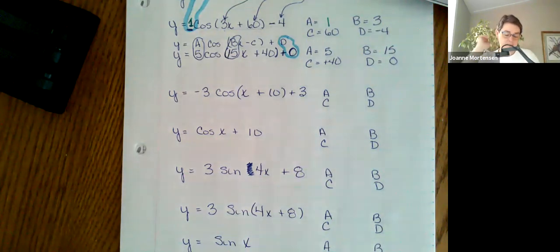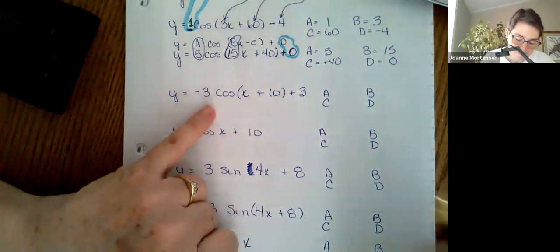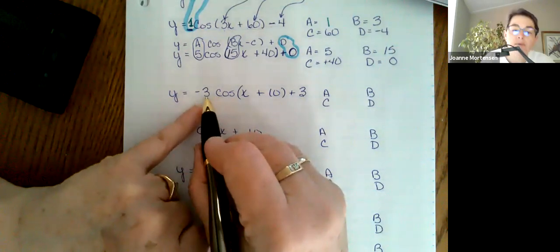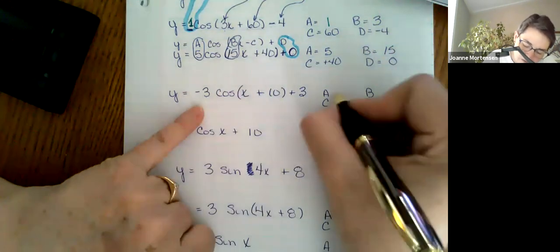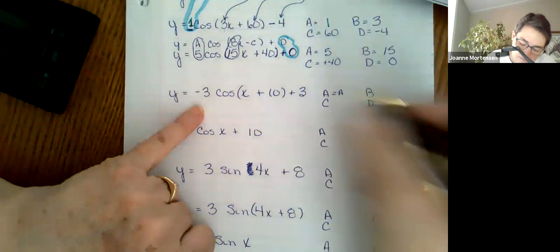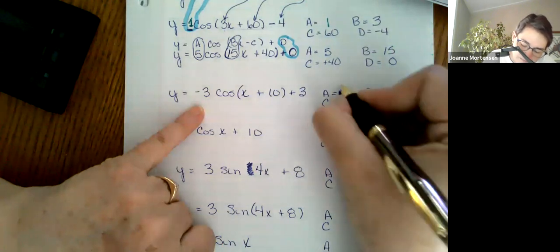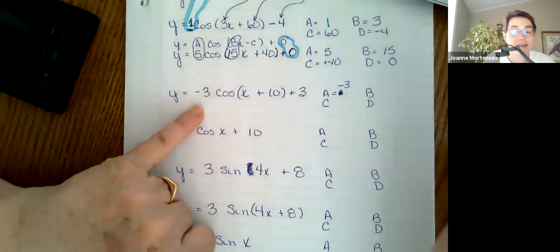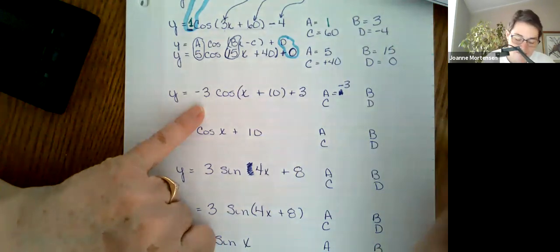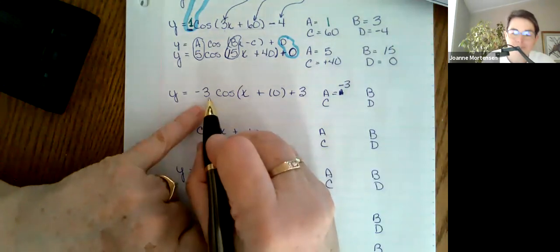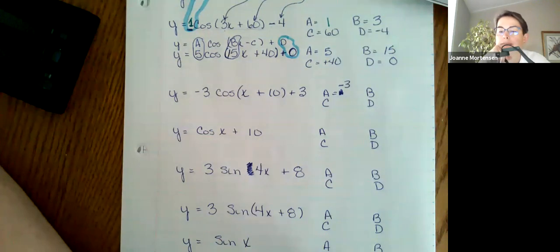All right, let's do this. I have faith. So if we compare it, my number out front is minus 3. That is my A. A is minus 3. How do you guys want to do this?